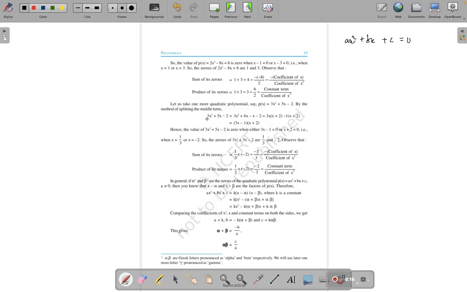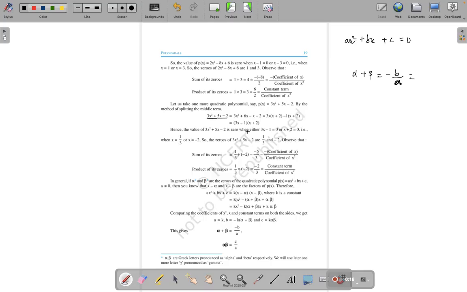So for example, 3x square plus 5x minus 2. Sometimes we are asked to find the sum and product of the roots. So instead of finding the roots, you can just do alpha plus beta is minus b upon a. Instead of writing minus b upon a, you should write minus coefficient of x upon coefficient of x square.